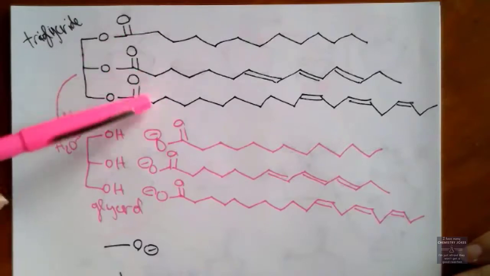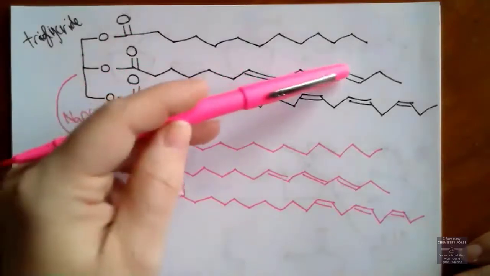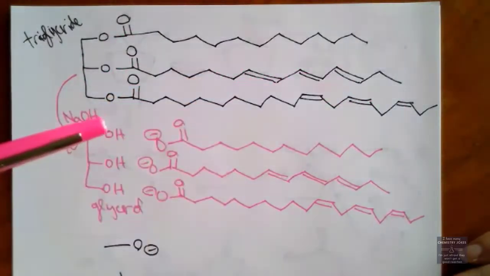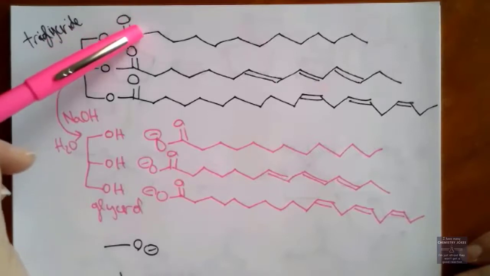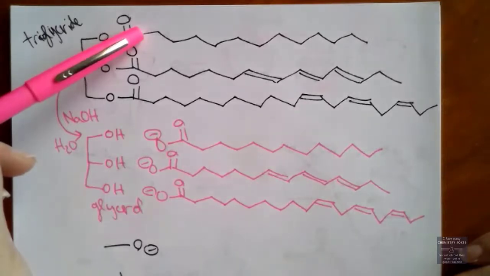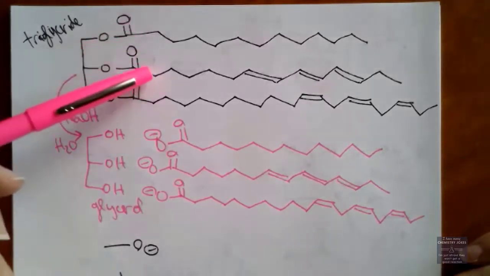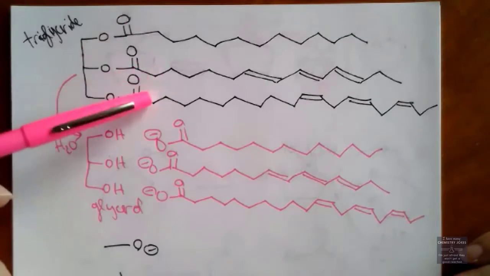These 2 guys have unsaturated chains, potentially oil, potentially liquid at room temperature. So many oils have unsaturated chains. Saturated chains are things like butter and lard, animal fats, pork fat, bacon fat. Delicious. These that have unsaturated chains are likely to be oils at room temperature.